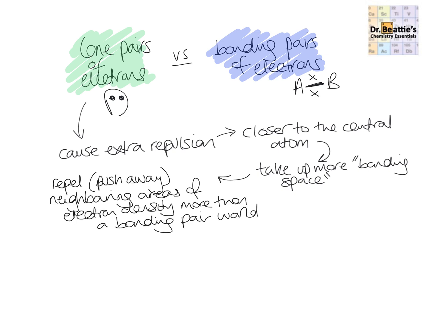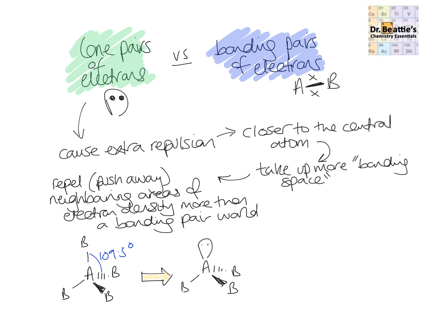So if we were to just look at our central atom and call it A, and then put 4 areas of bonding electron density around it, and on the end of those, let's just put some atoms that we're going to call B. Then we've created a tetrahedral structure with each of these bond angles being 109.5. Now, if we start to explore this idea of lone pairs producing more repulsion, let's switch out one of these atoms for a lone pair of electrons.